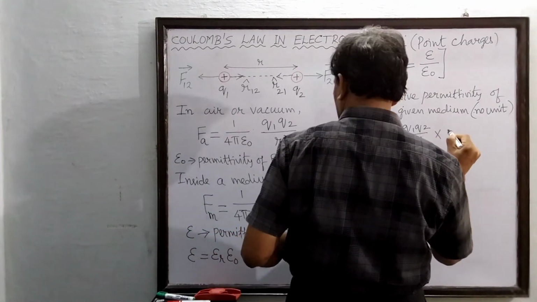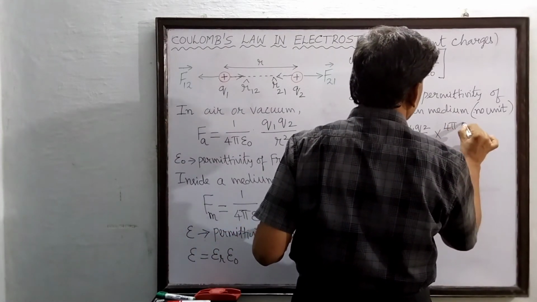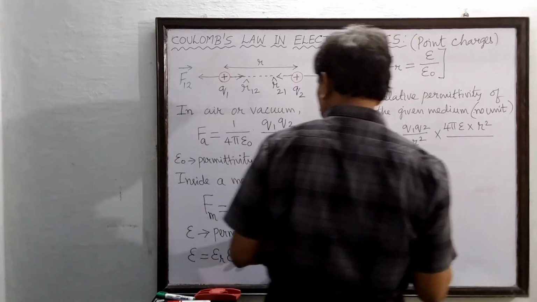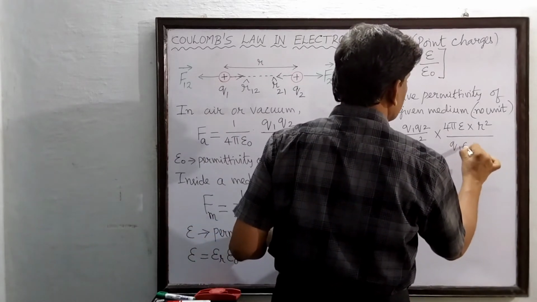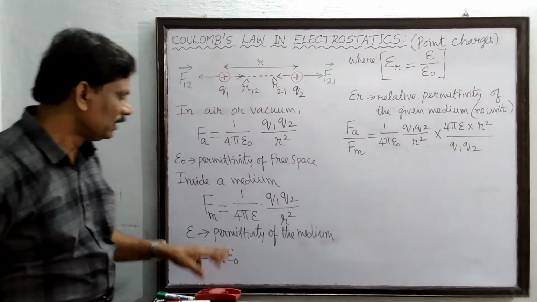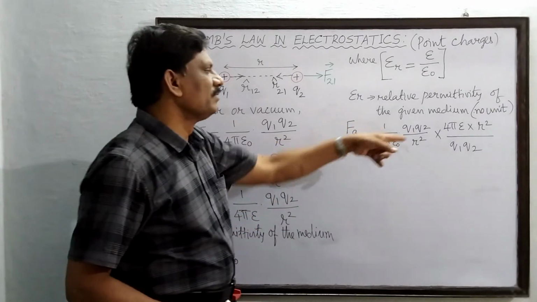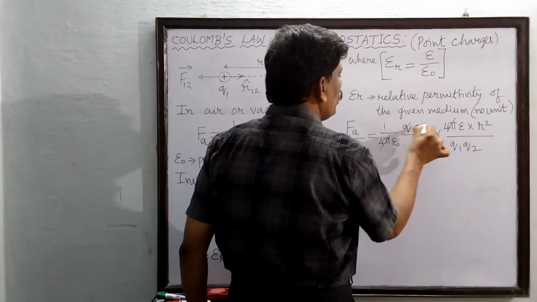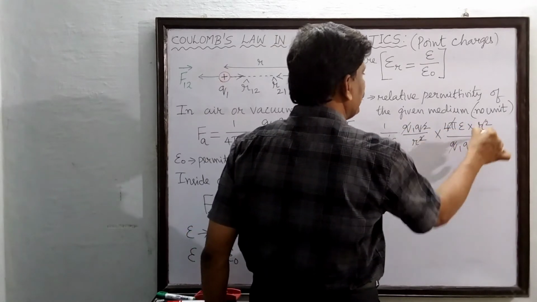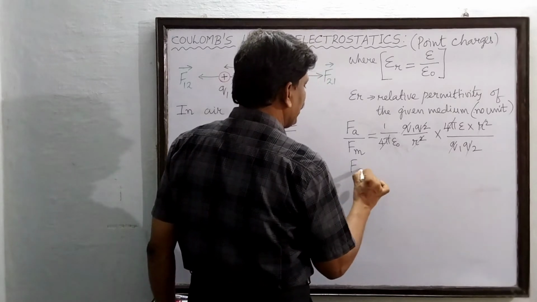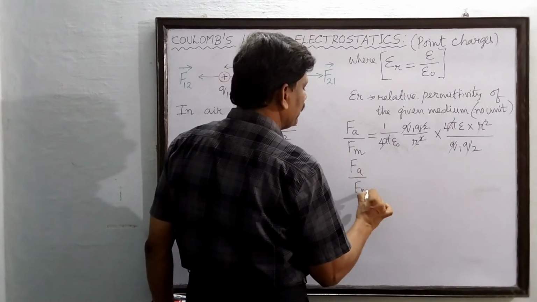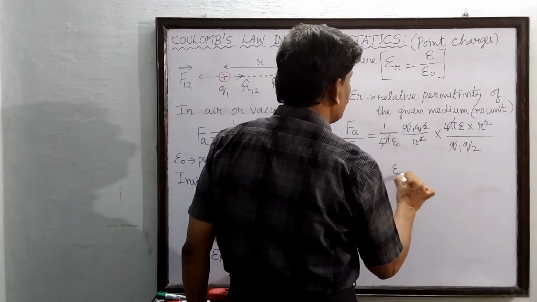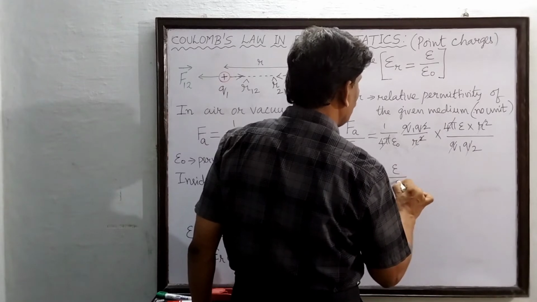So this will be equal to 4 pi into epsilon into R square divided by Q1 into Q2. I have multiplied by the reciprocal, so whichever terms are getting cancelled, this 4 pi and 4 pi is getting cancelled. Q1, Q2 and also R square is getting cancelled. So F air divided by F medium is equal to epsilon divided by epsilon naught.